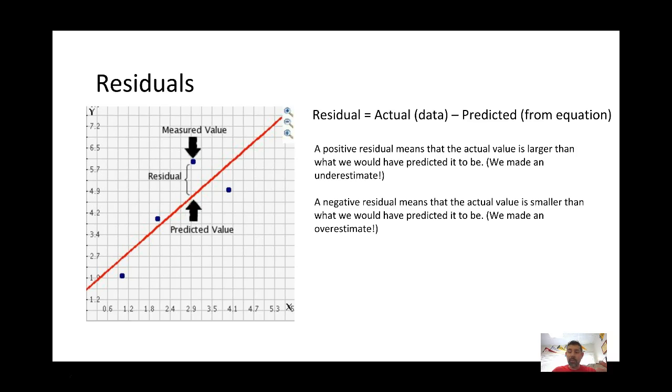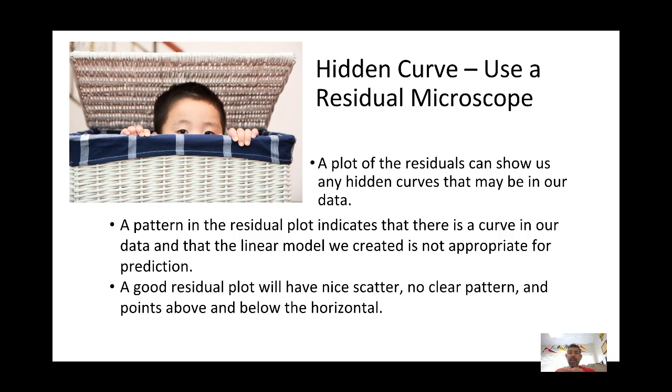Now, what does that residual plot tell me? Well, it tells me about the hidden curve. Sometimes the points in my scatter plot line up and look pretty nice, but there might be a curve in there that I don't really see in my scatter plot. If I draw a regression line, I might get an R of like 0.9.